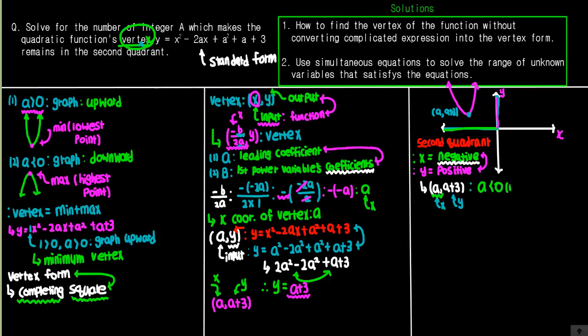And this was our first inequality, where a is less than 0. An inequality literally stands for an equation that is not equal, which means one side can be either greater or less, or smaller.